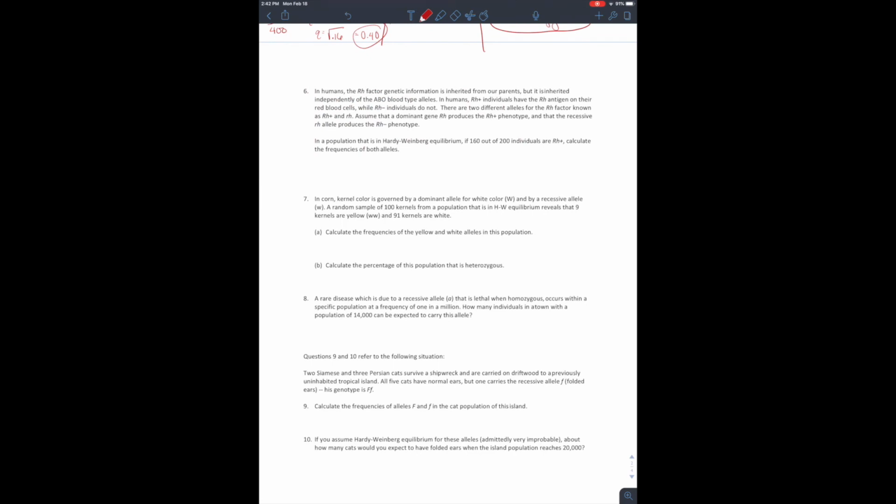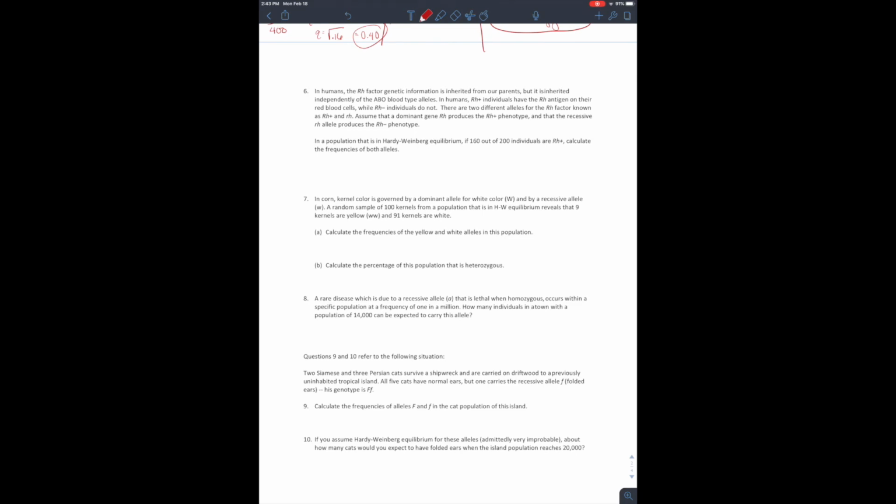Okay, let's go to number 6. In humans, Rh factor genetic information is inherited from our parents, but it is inherited independently of A, B, O blood type alleles. In humans, Rh plus individuals have the Rh antigen on their red blood cells, while Rh negative individuals do not. There are two different alleles for the Rh factor known as Rh plus and Rh minus.